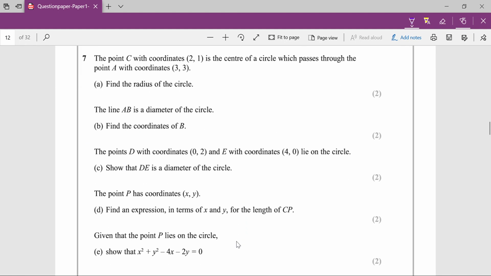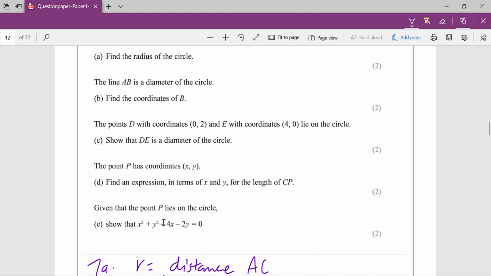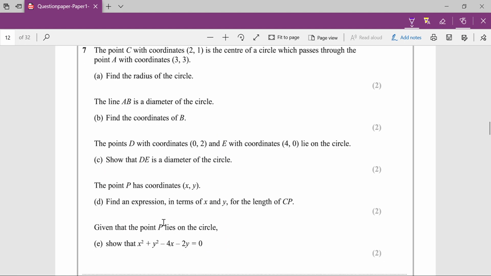Right, so the line AB is the diameter of the circle. Find the coordinates of B. Okay, so given that AB is the diameter of the circle, and if we make our little diagram here, the point C with coordinates 2 and 1 is the center of the circle, which passes through point A with coordinates 3, 3.